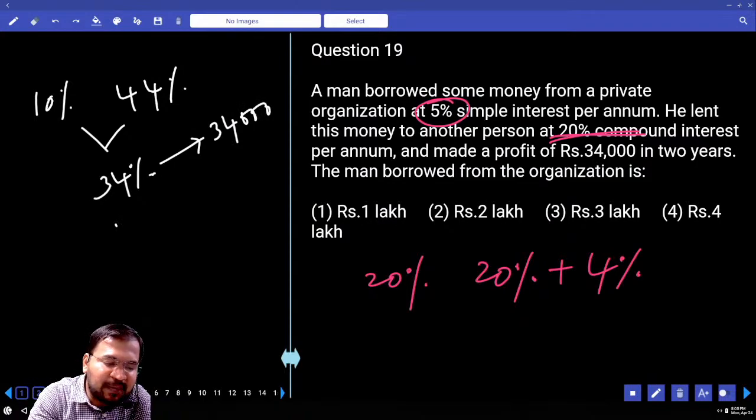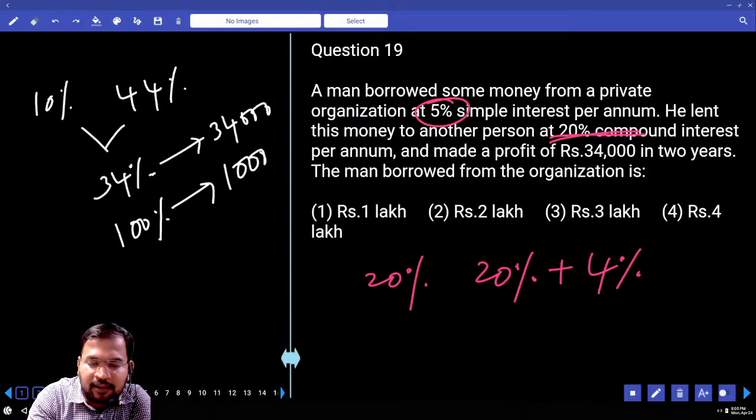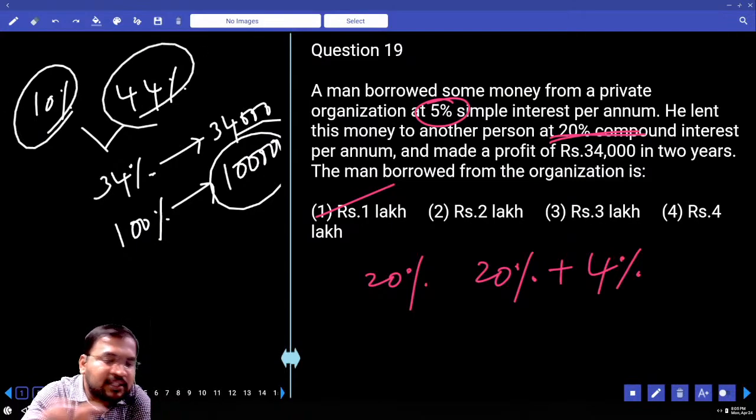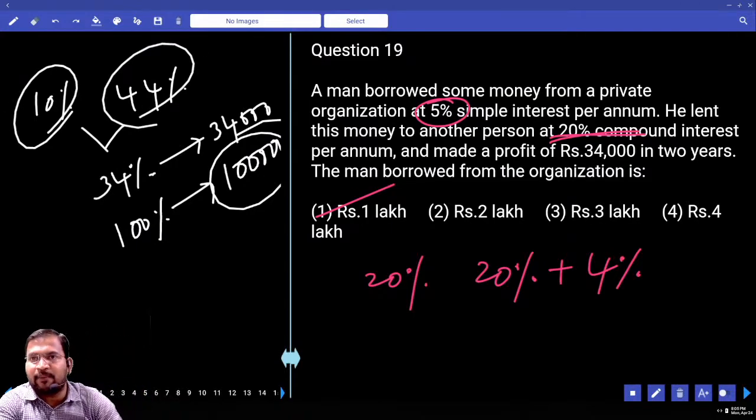Principal, 100%, is 1 lakh. 2 years, simple interest is 10, compound interest is 44. Difference is 34%. Are you clear? Shall I go for the next question?